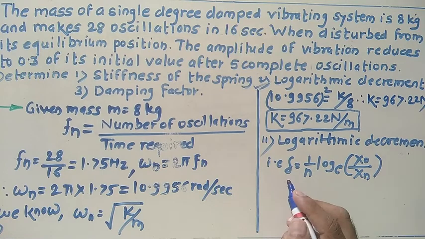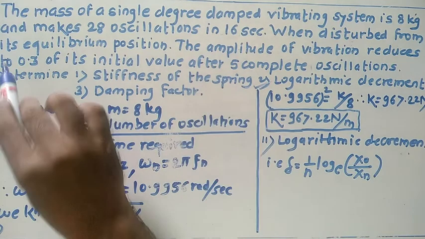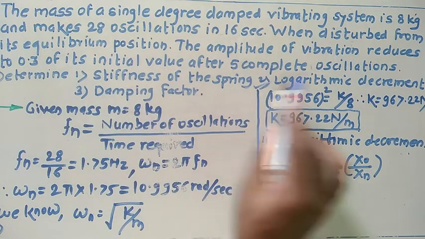Now, what is the information given in the problem? The amplitude of the vibration reduces to 0.3 of its initial value after 5 complete oscillations.